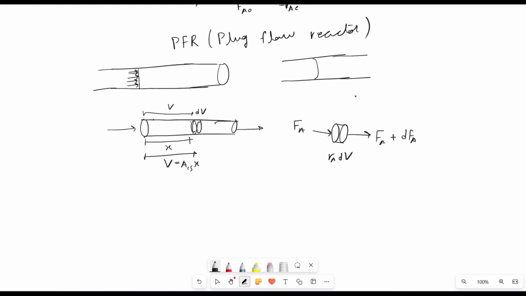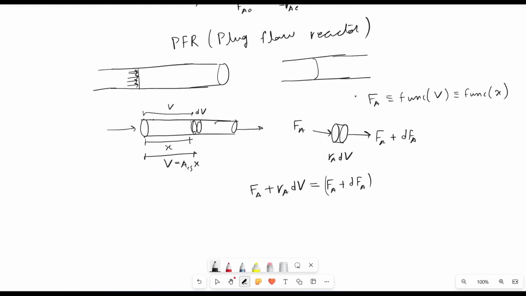FA in this case will be a function of volume, which is again a function of the length of the reactor. So to do the species balance of A: FA plus RA dV, the generation term, equals FA plus dFA, the outlet term, and there is no accumulation term.